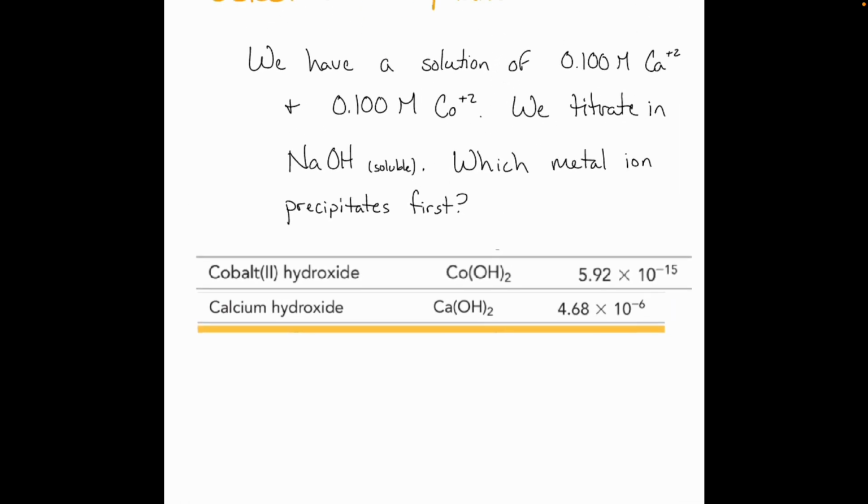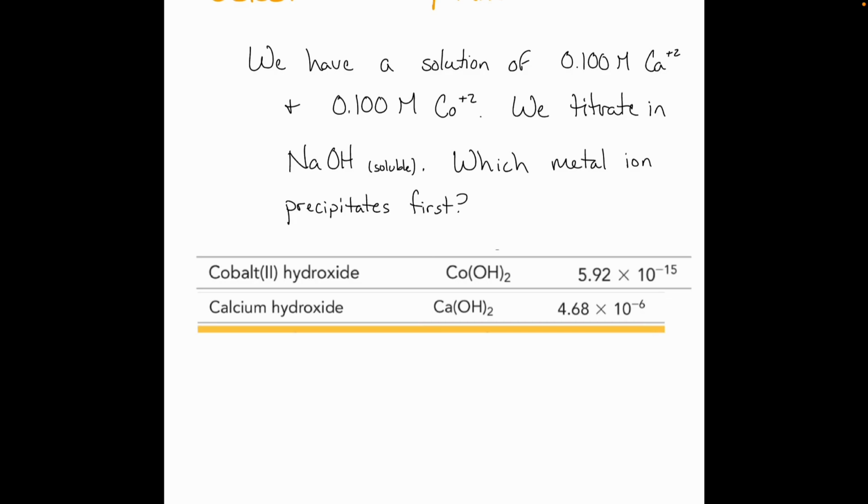Cool. All right, so we want to ask ourselves again, which one is going to precipitate first, the calcium or the cobalt? So we got to look at these two values here. According to these Ksp values, which of these two compounds is the least soluble? Exactly, right? The smaller that Ksp value, the more insoluble that compound is.